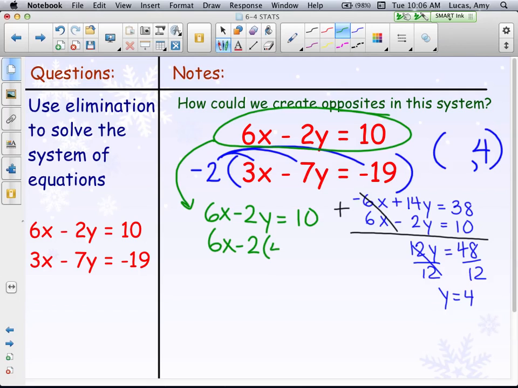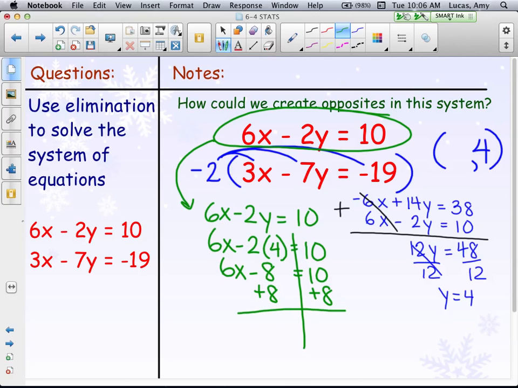So plugging in 4 for y looks like this. 2 times 4 is 8. To eliminate that 8, I need to add. So 6x equals 18. Dividing by 6 gives us x equals 3. So now my solution is 3, 4.